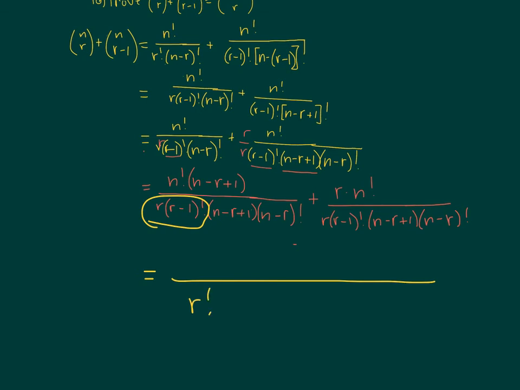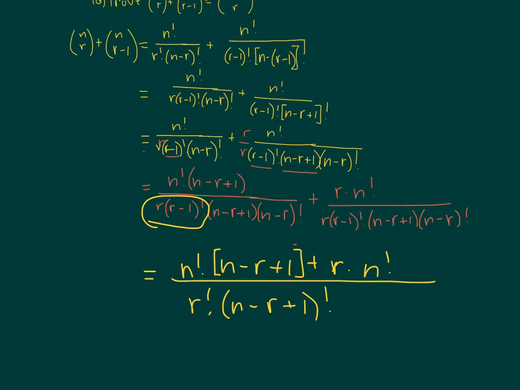I have n minus r plus 1 times n minus r factorial, and I'm going to write that as n minus r plus 1 factorial. In my numerator, I have n factorial times n minus r plus 1, plus r times n factorial.